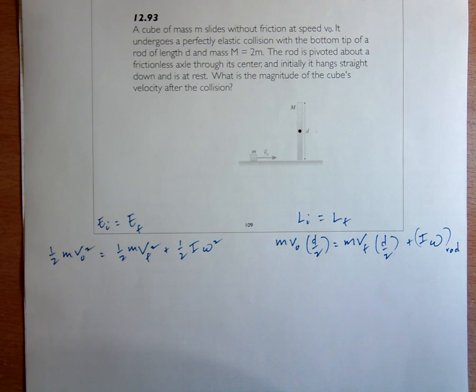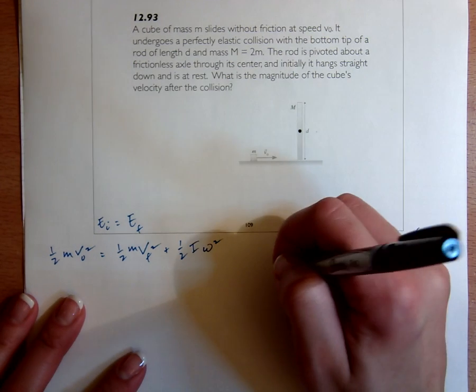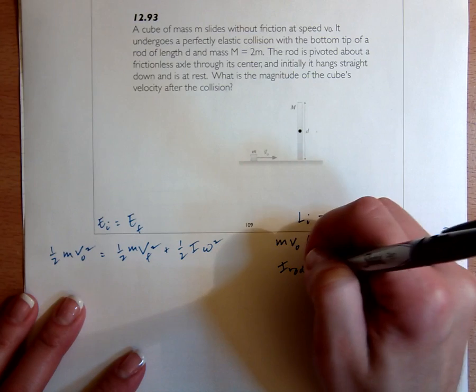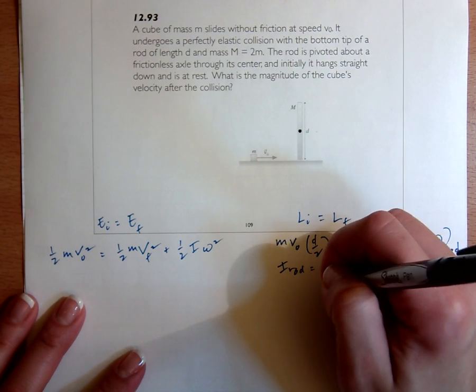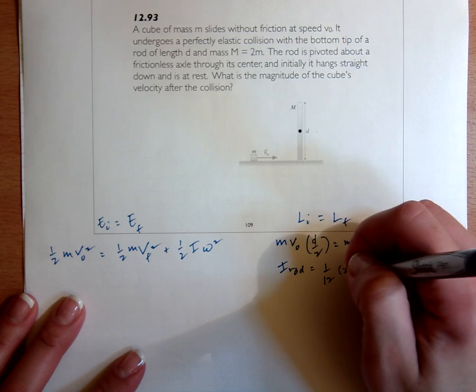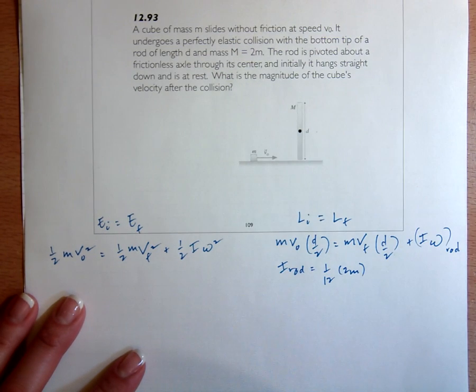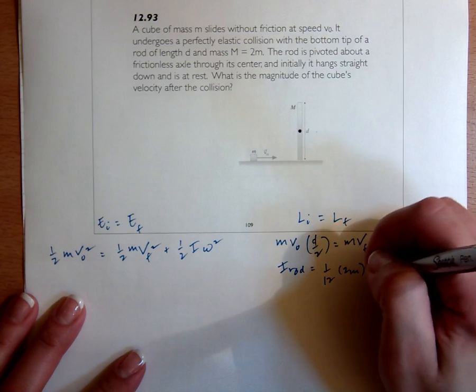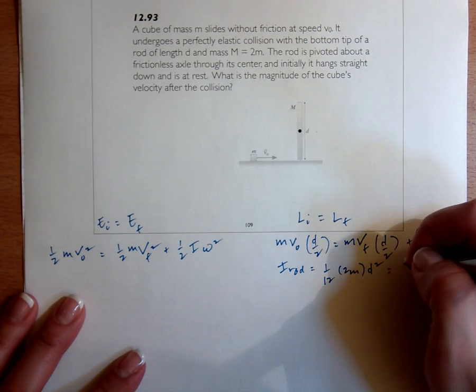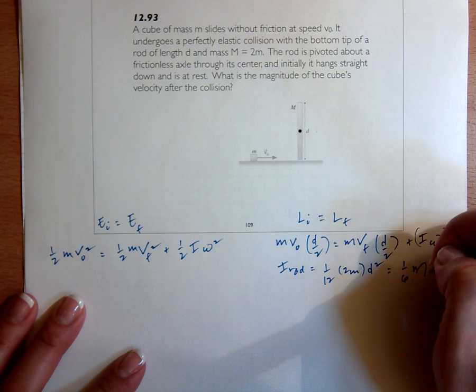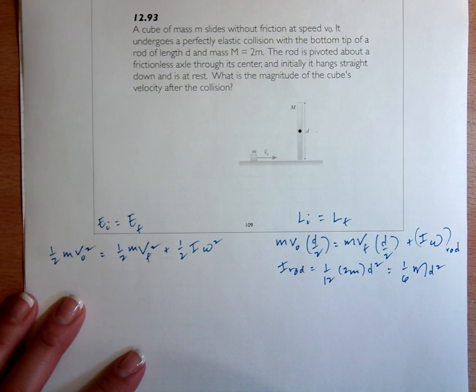So then, I for the rod is equal to 1/12 times the mass of the rod, which is 2 times little m, times d squared. So that's equal to 1/6 m d squared, and that's little m d squared.